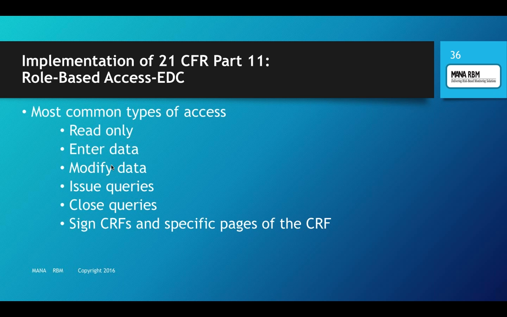And that's in a traditional EDC, or electronic data capture, system. Modifying the data can only be done by somebody who has the ability to enter the data. And as part of 21 CFR, which we'll go through in a minute, when you modify the data, you have to give a reason for why you modified the data.